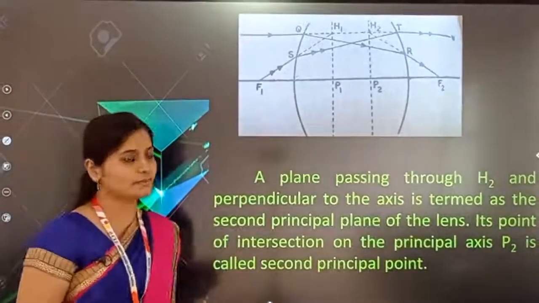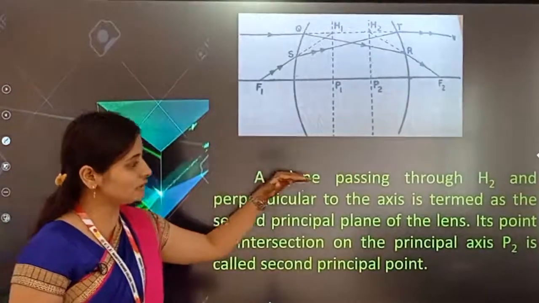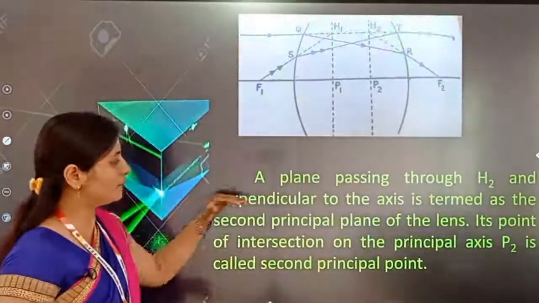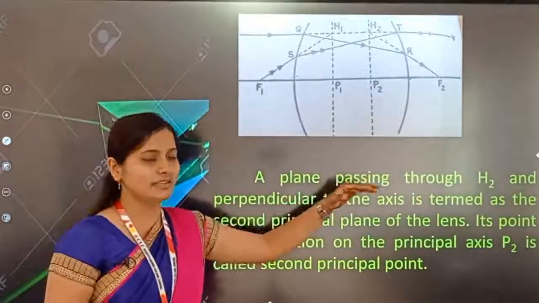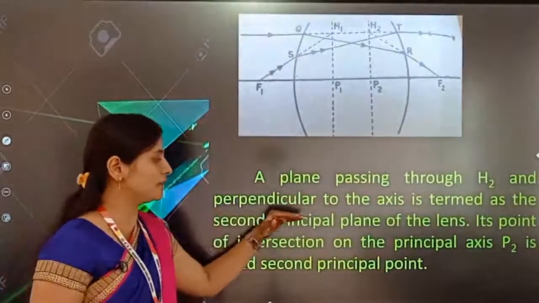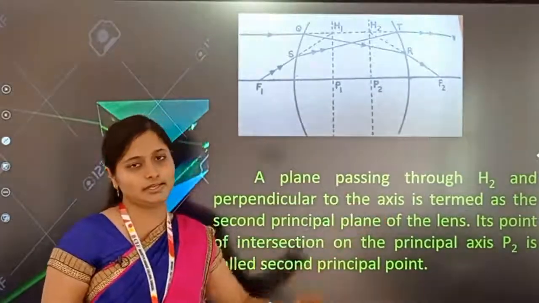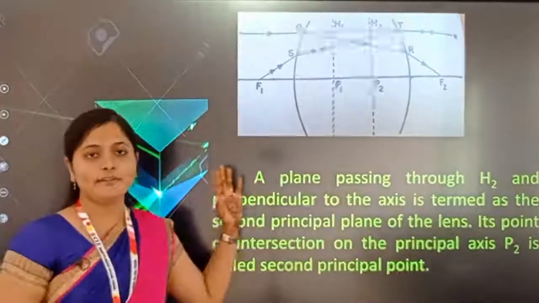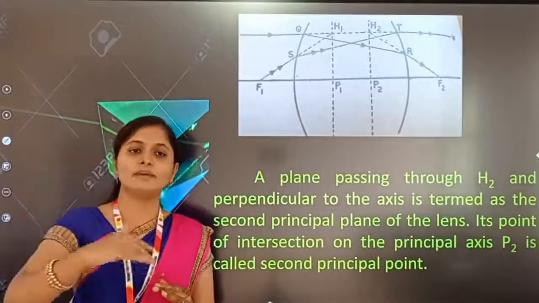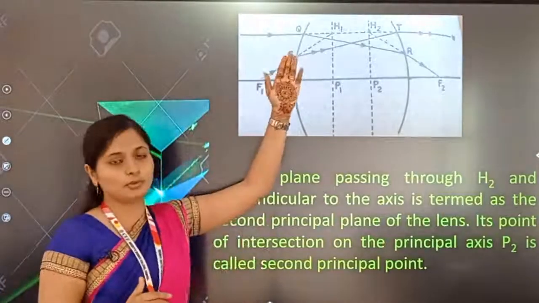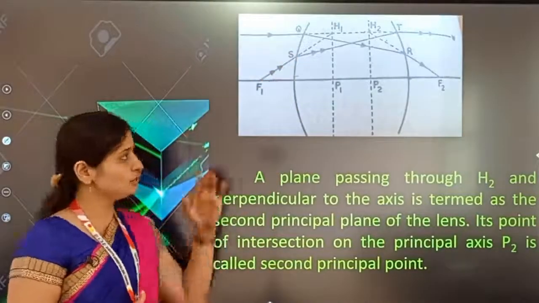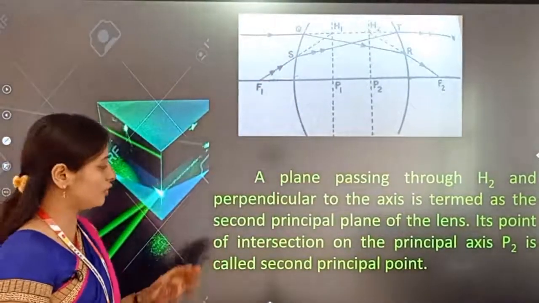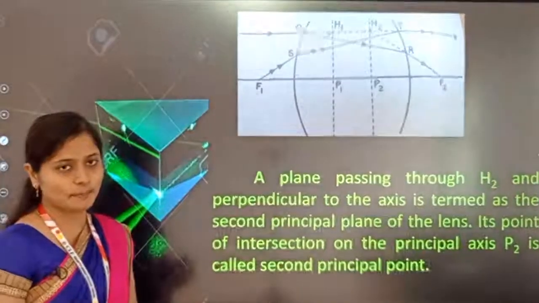Next, a plane passing through H2 and perpendicular to the axis is termed the second principal plane of the lens. We already got the intersection at the point H2, so H2 is known as the second principal plane.